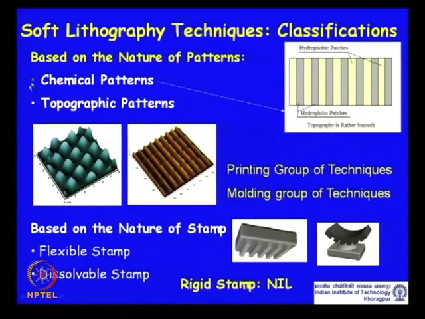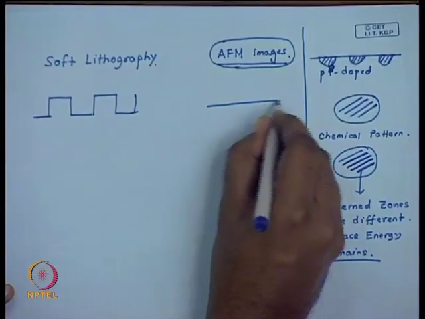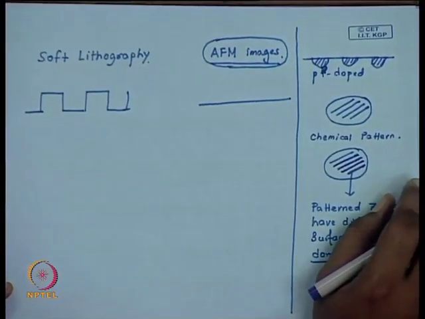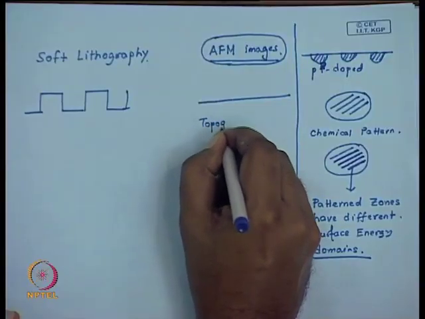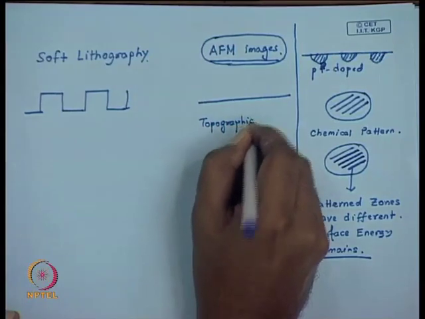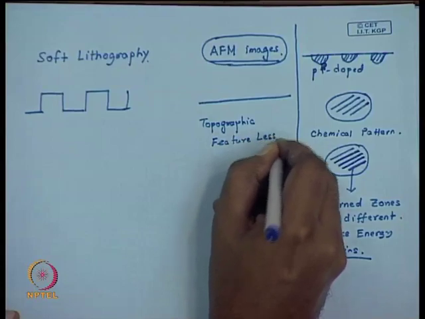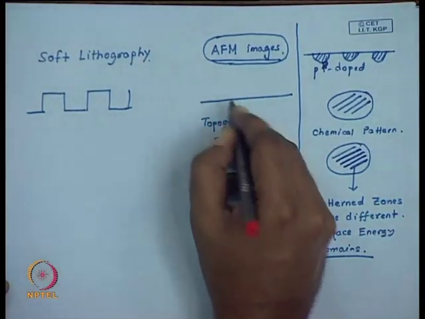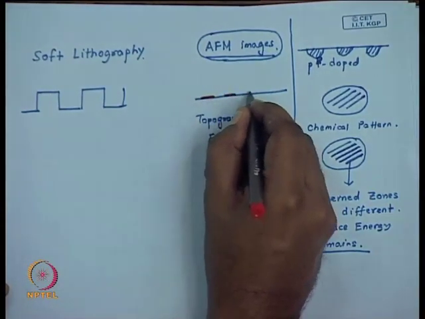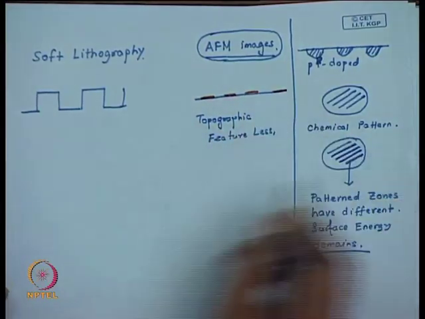But coming back to soft lithography, you can classify the techniques based on the type of structures you are making. You can either make chemical patterns, which this gives you an idea of. Ideally, even after patterning, it is topographic feature less. This is important. But it has domains, let us say alternate hydrophilic and hydrophobic domains.